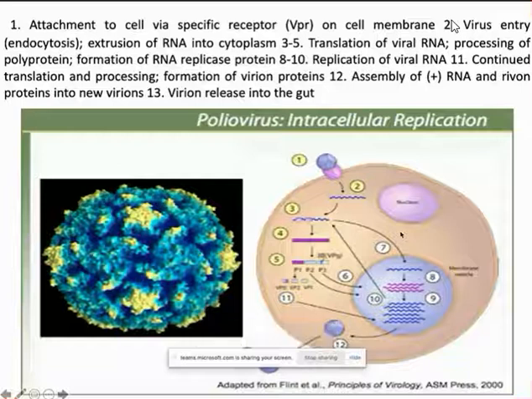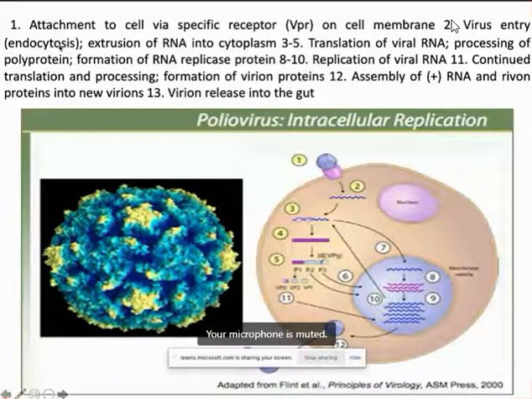Okay. See here the specific receptors, that is the VPR receptor on the cell membrane of the host cells. We should remember this one, VPR receptor, viral specific receptor, and they enter inside via the process called endocytosis, or simply we can also call it receptor mediated endocytosis.